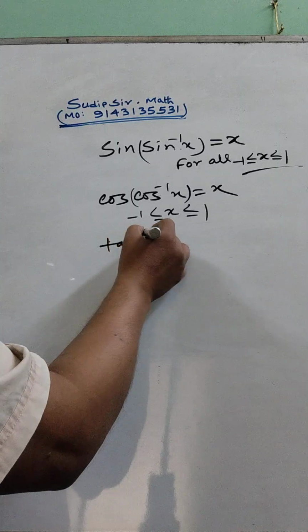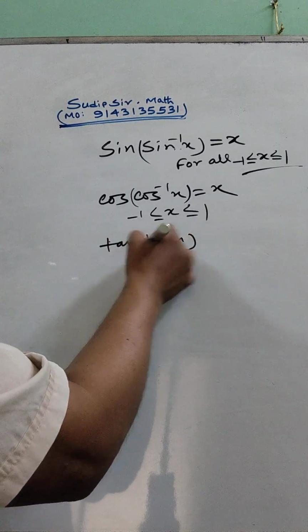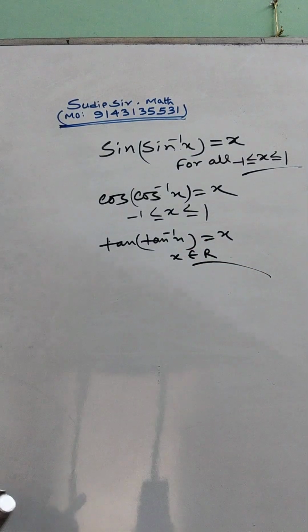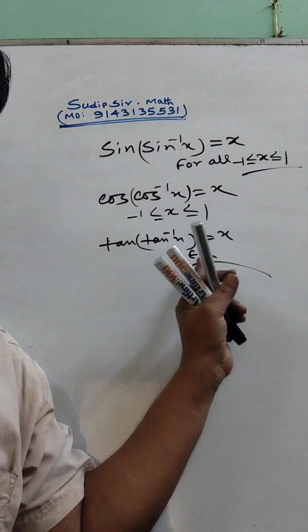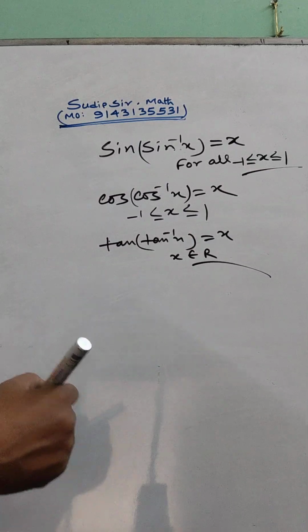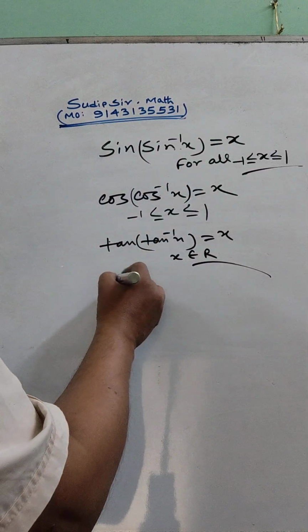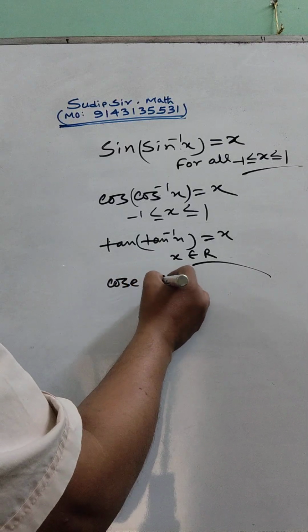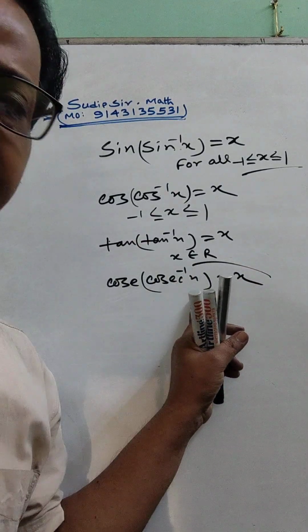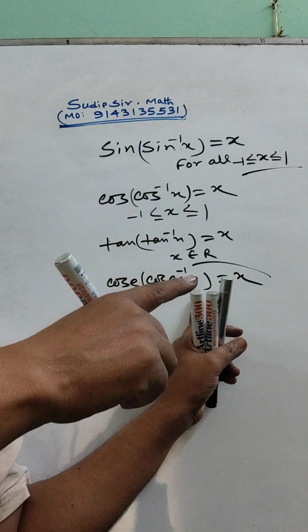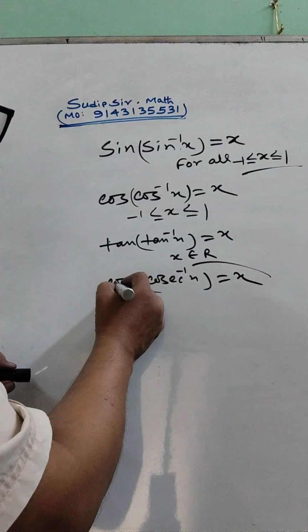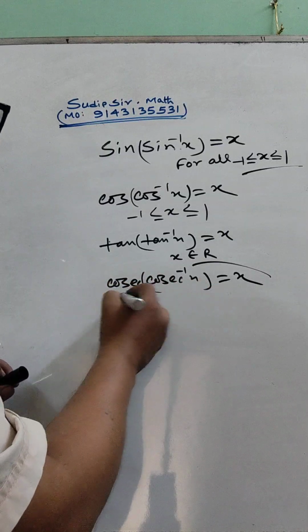But tan of tan inverse x equal to x for x belonging to any real number, whatever its domain. And also cosec of cosec inverse x equal to x in its domain. Whatever domain I have given, for that domain, for all.